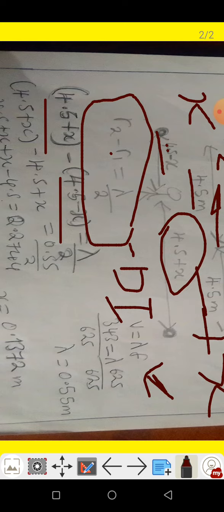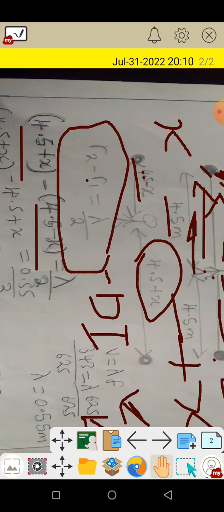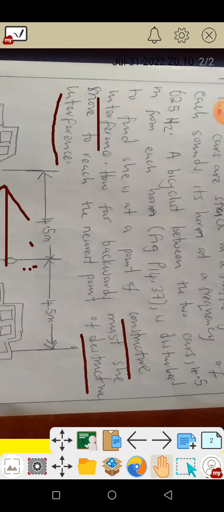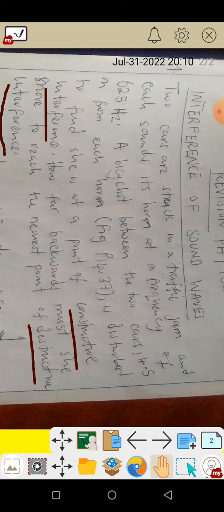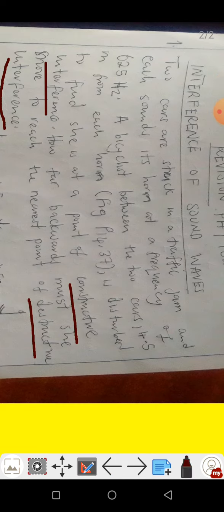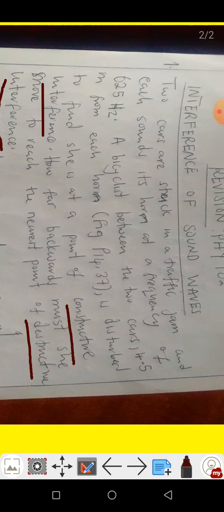Lambda is the one we're trying to calculate. The frequency given in the question is 625. We can confirm by going back to the question. Yes, the frequency is 625 Hz, which is here.